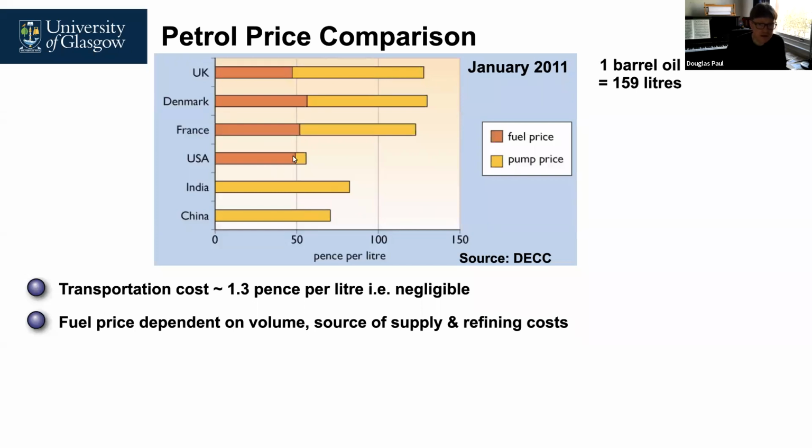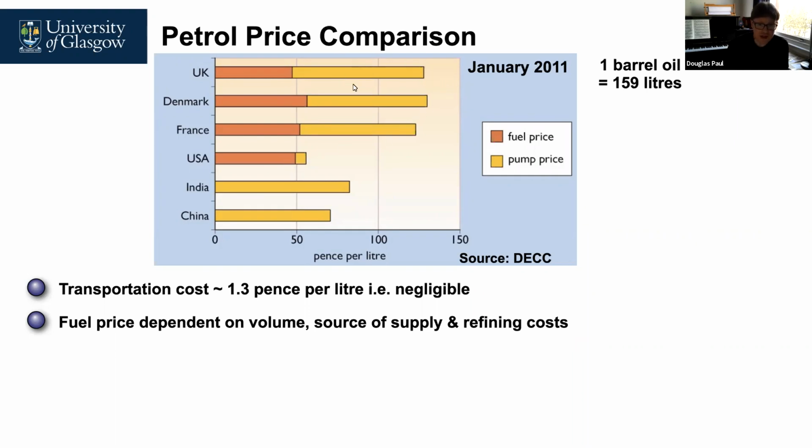Now, in fact, the fuel cost is relatively similar in the different countries. It's a little bit higher where consumption is lower, so countries with less people, but generally it's relatively similar.